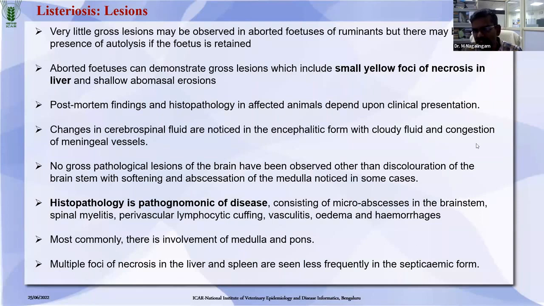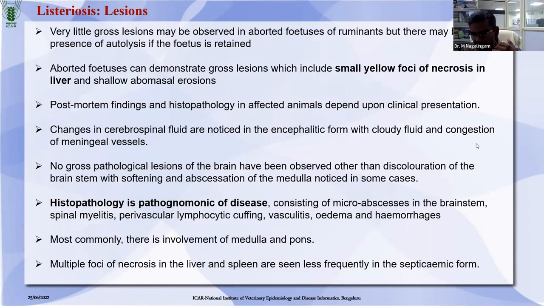In the encephalitic form, CSF is cloudy and there will be congestion of the meningeal vessels. In the CSF, we can find various cells, monocytes will be more, and there will be no gross pathological lesions in the brain. Only discoloration of the brain stem will be there, with softening and sometimes involvement of the medulla.